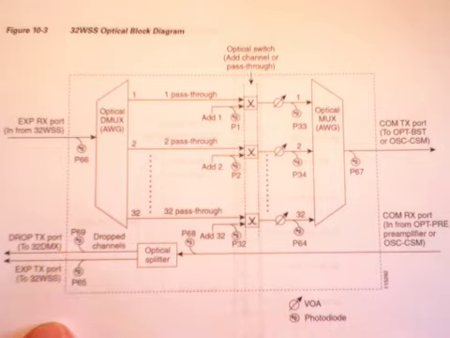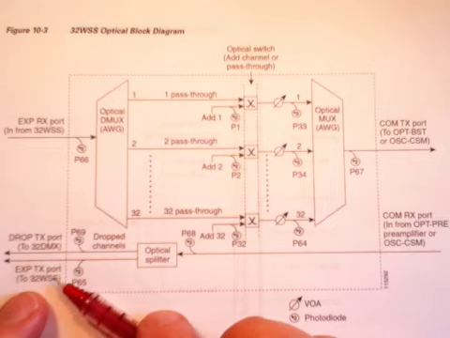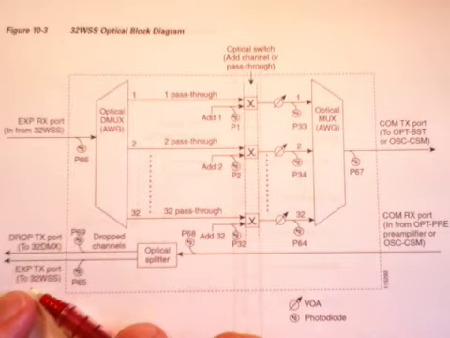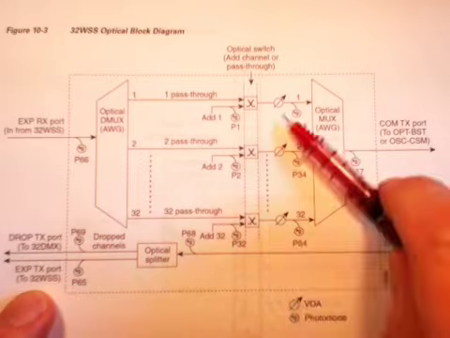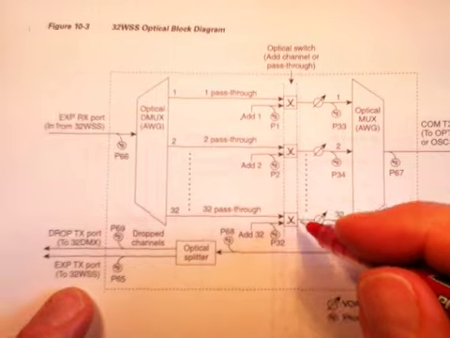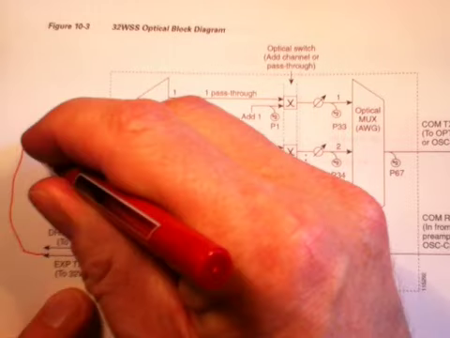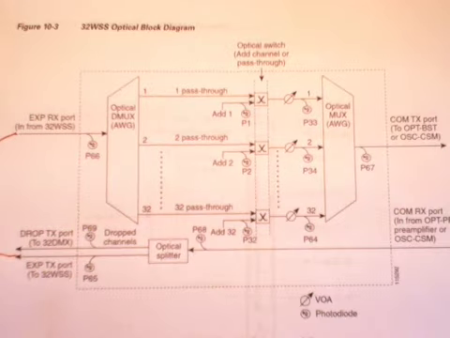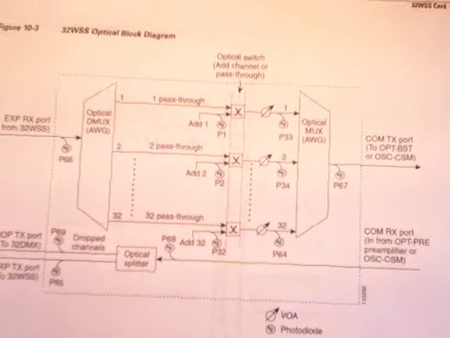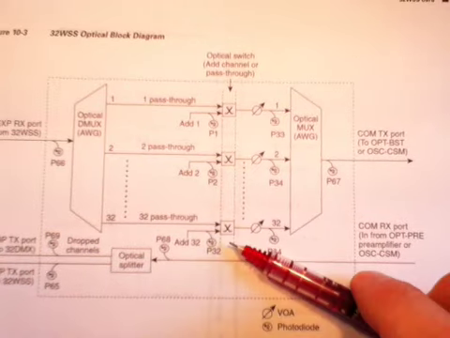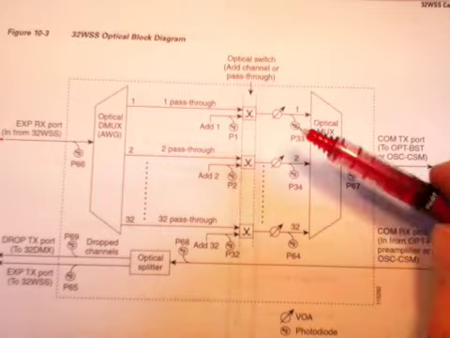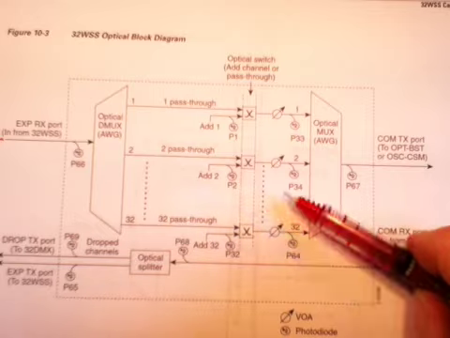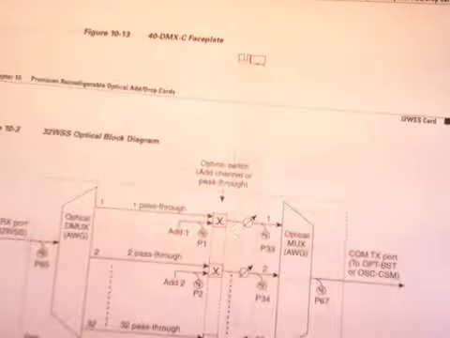And then the express transmit port goes to the 32WSS. And this is the 32WSS. So basically this one is looped back around. So you drop the channels and then you add channels. That's the idea. It's a pretty sophisticated device. There's a VOA for every channel. There are optical photodiodes, two of them on every channel, to monitor power.